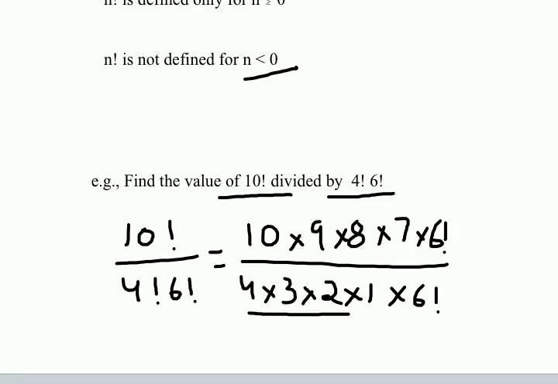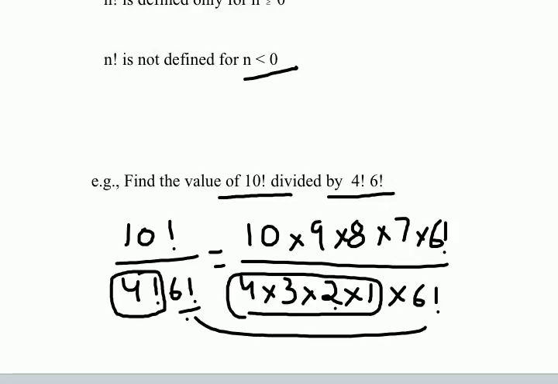So this 4 into 3 into 2 into 1 is something I'm getting from 4 factorial. So 4 factorial is 4 into 3 into 2 into 1, and I'm leaving 6 factorial as it is, so I just put that here in the denominator.